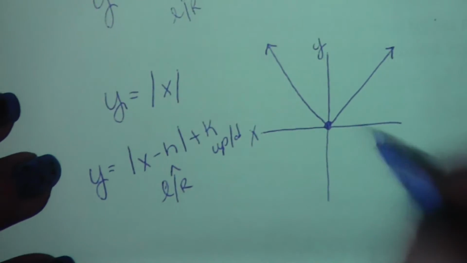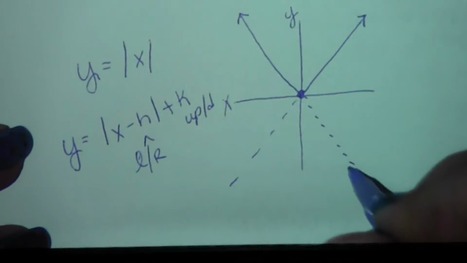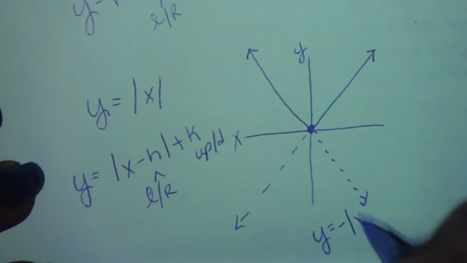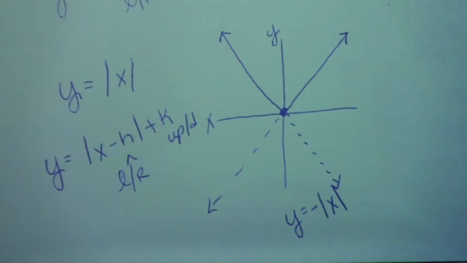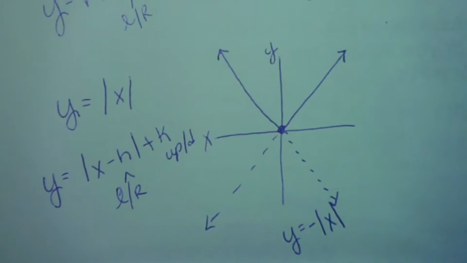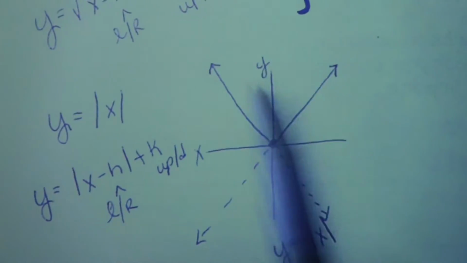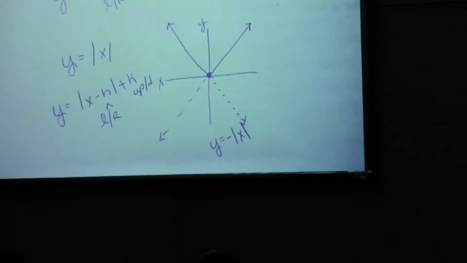And we could flip that over the x-axis by making it y equals negative the absolute value of x. And we talked about why we don't want to flip it over the y-axis, which was what? It just was the exact same thing right here. Just the same guy looking exactly the same. So he wasn't very helpful.